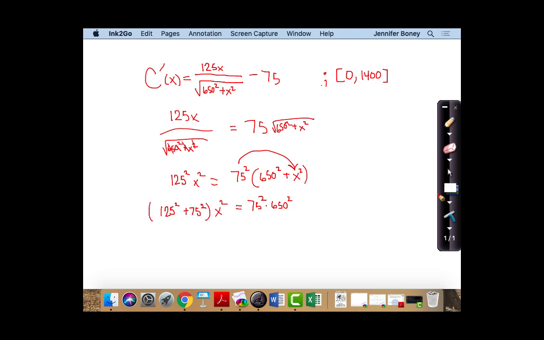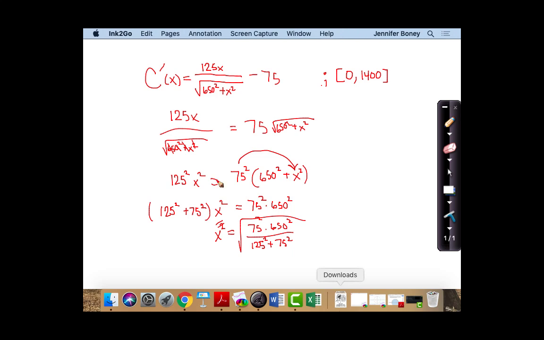All those squareds go away. So x squared would be this 75 and 650 and that 125. Oh, no, that's a plus on the bottom. Plus 75 squared. So x is going to be a square root of all that stuff. I don't know what it is off the top of my head. The numerator can be simplified, the denominator not so much.